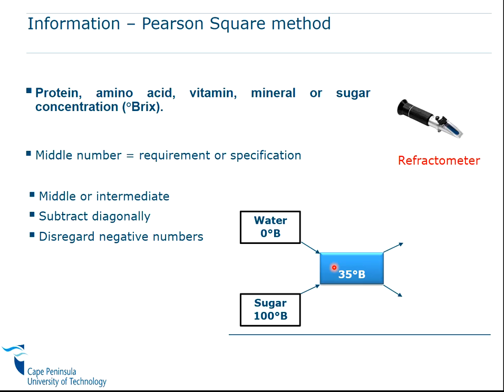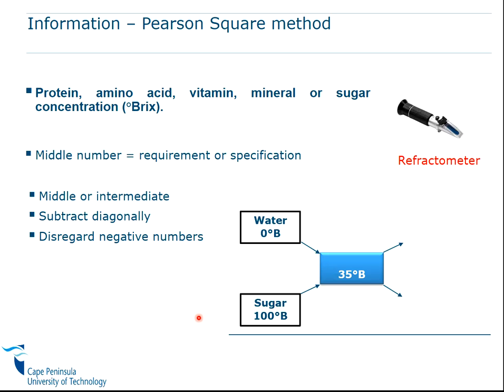If you were to have, for example, 135 degree Brix as your specification, the Pearson square method will not be applicable, because that number of the requirement or the specification is not an intermediate. So that is rule number 1.